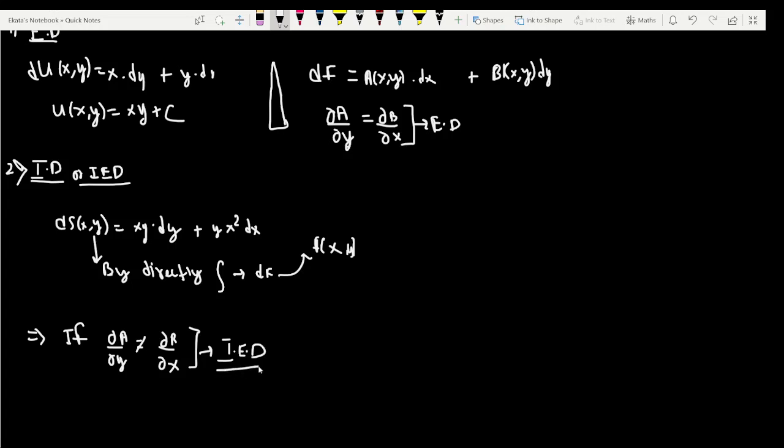IED means inexact differential. And if this is equal, this means it is an exact differential. And this is a very easy way to find out which differential is exact and which differential is inexact.